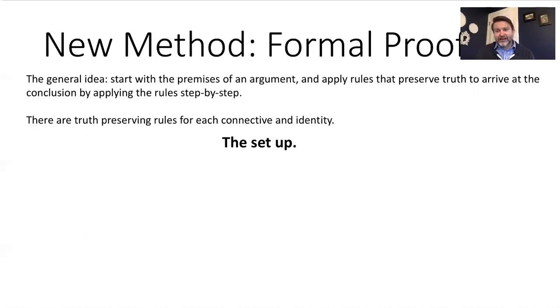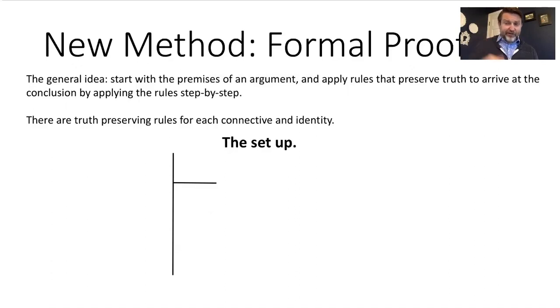So in getting this method going, it's important first to pay attention to the setup of the method. So again, as we've gone over before, you need a Fitch bar. And that is just a bar that is going to serve as the starting point for writing out your premises. So your premises will go just to the right of the bar. And then the horizontal line is going to tell us where the premises end, right?